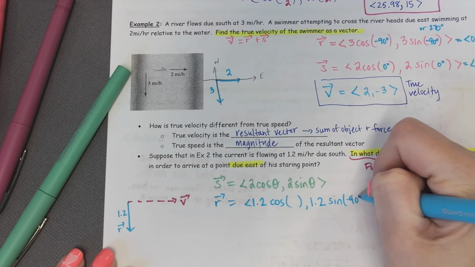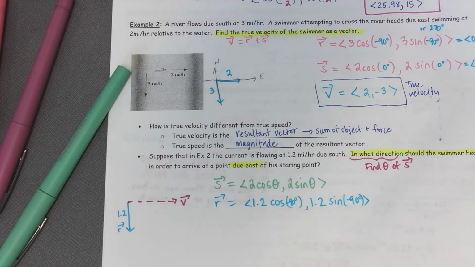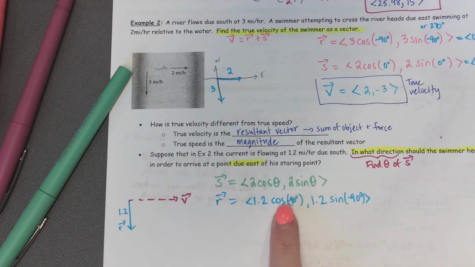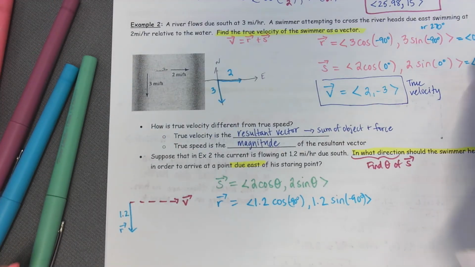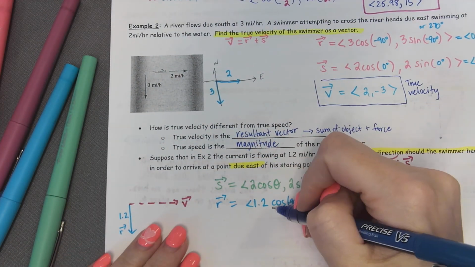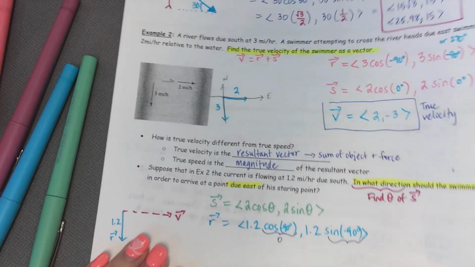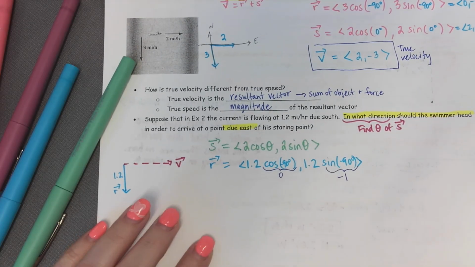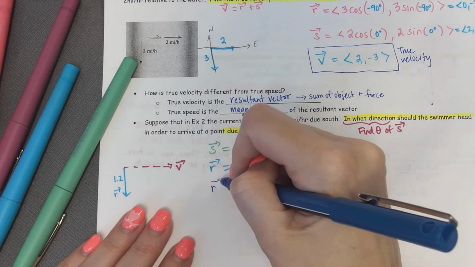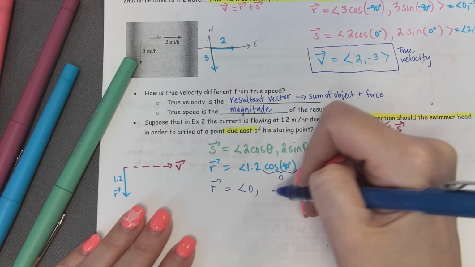You can do negative 90 or you can do 270, whichever one you want. At 270 or negative 90, the cosine is 0 and the sine is negative 1. So the river is going to be 0, negative 1 times 1.2.